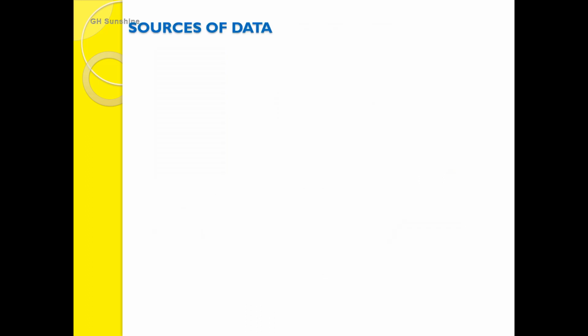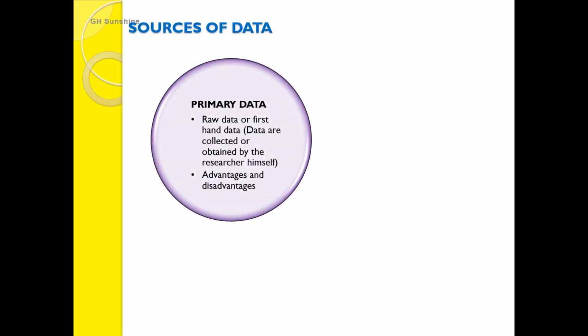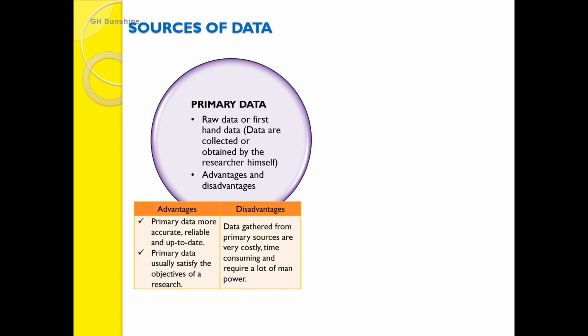We proceed to source of data. First, primary data. So what is the primary data? Raw data or first-hand data means that the data are collected or obtained by the researcher himself. So why the researcher want to use primary data? So advantage by using primary data, more accurate, more reliable, and up to date.